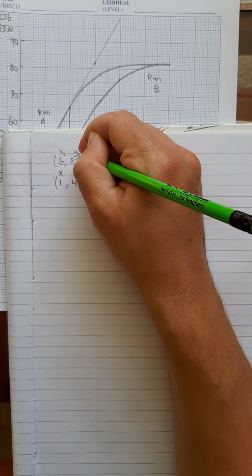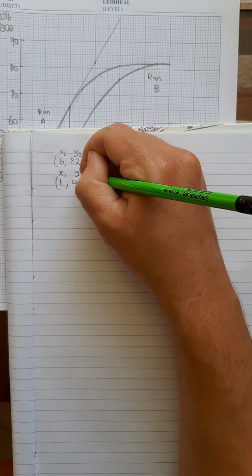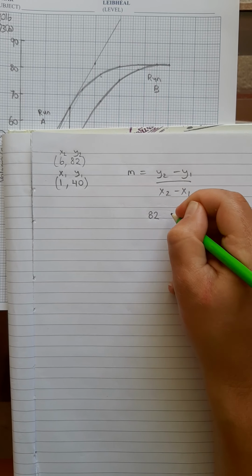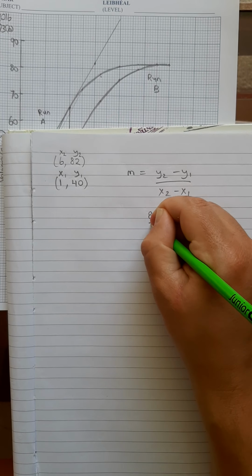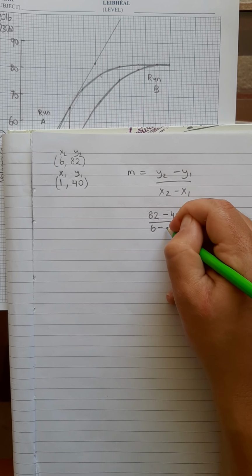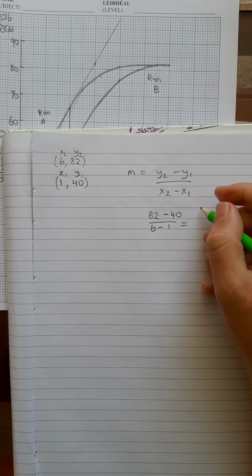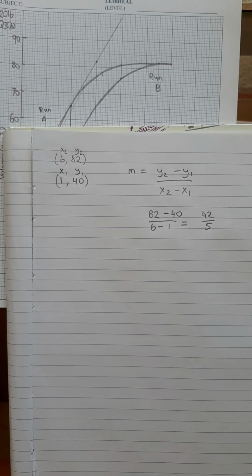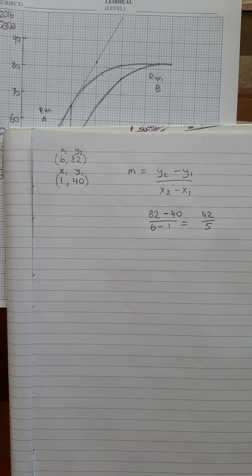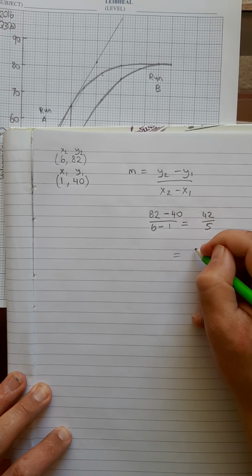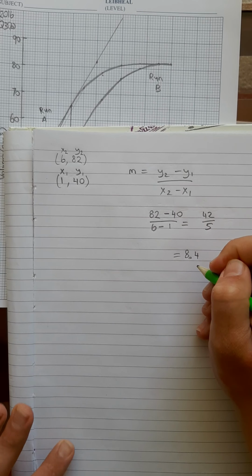So we'll have 82 minus 40 all over 6 minus 1. So here you get 42 divided by 5, and if we work that out, we get a slope of 8.4.